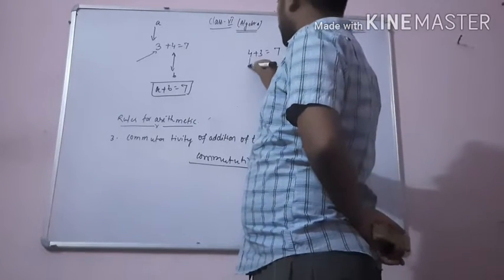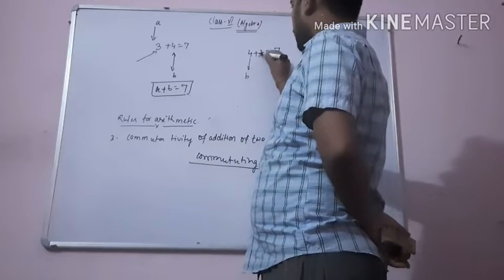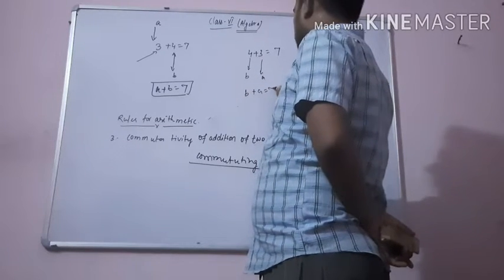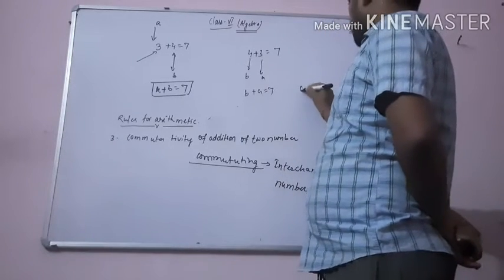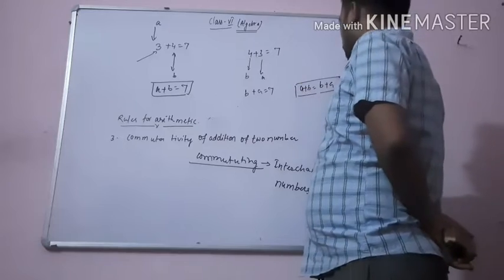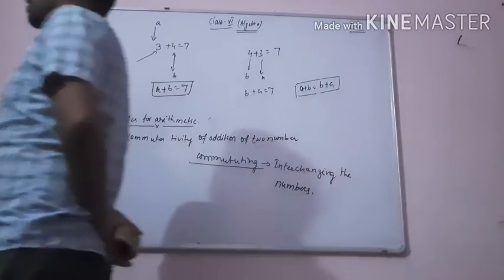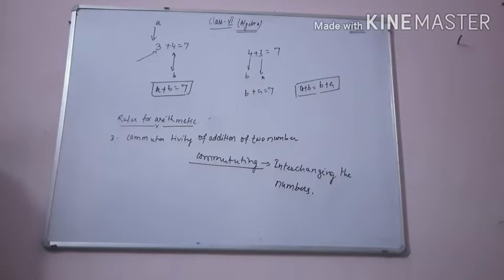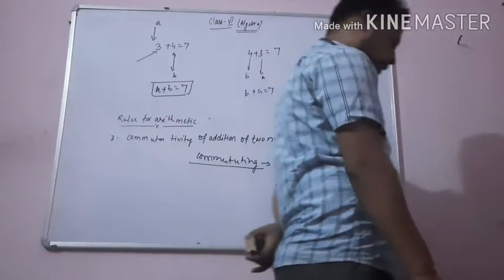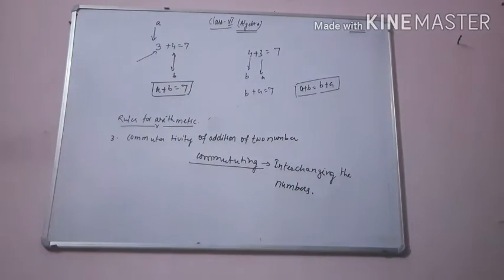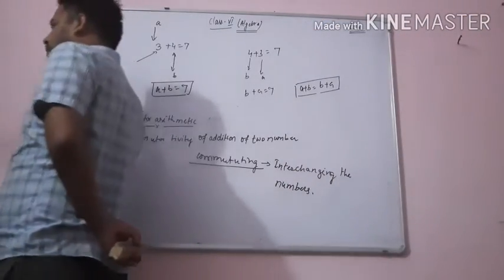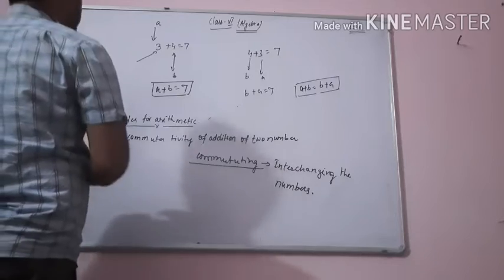But here 4 is B and 3 is A. So B plus A is also 7. So A plus B and B plus A are both equal. When this condition is satisfied, we say that the two numbers are commutative over addition.